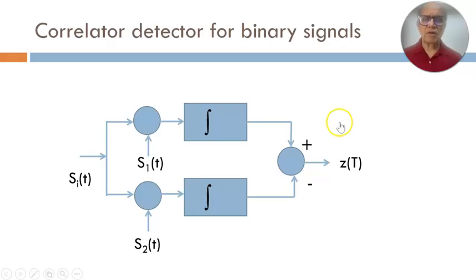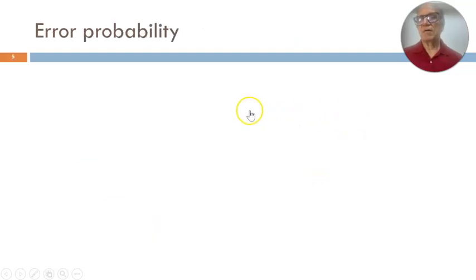But what we want to do now is to obtain the expression for the bit error probability. So how do we proceed? Let us do that now. First, let us write down the equation for the bit error probability that we already derived in the last session. This is in terms of the output quantities. So somehow we would like to obtain an expression for this parameter in terms of the input signals S1(t) and S2(t).